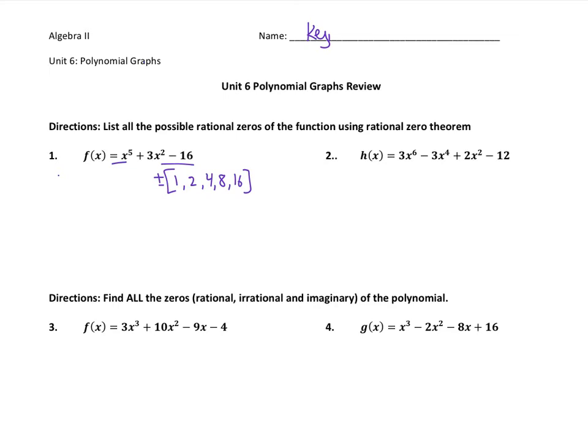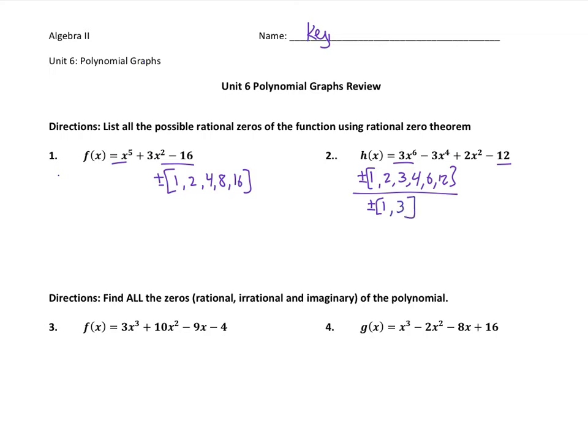For number 2, we're going to take all of the factors of 12 and we're going to divide them by all of the factors of 3. So that's going to give us plus or minus 1, 2, 3, 4, 6, and 12. And we're going to divide that by plus or minus 1 and 3.